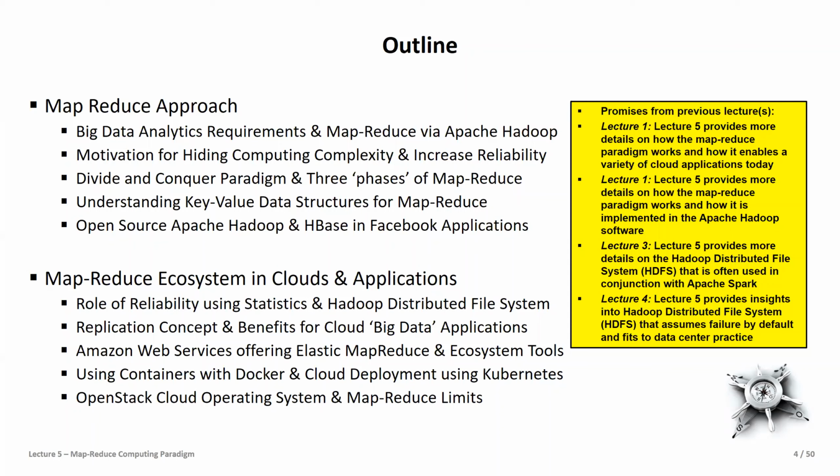So we will talk a bit about how that is actually realized with the replication concept. And of course, with this, we'll shed some light on the benefits for cloud, especially for big data applications and context.